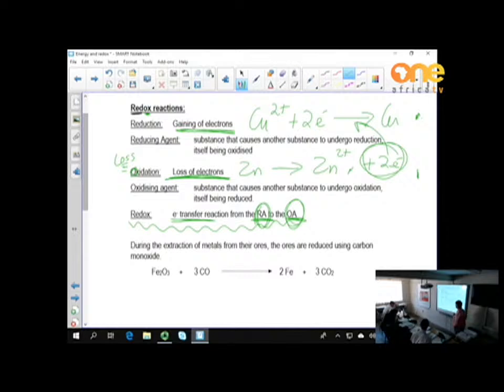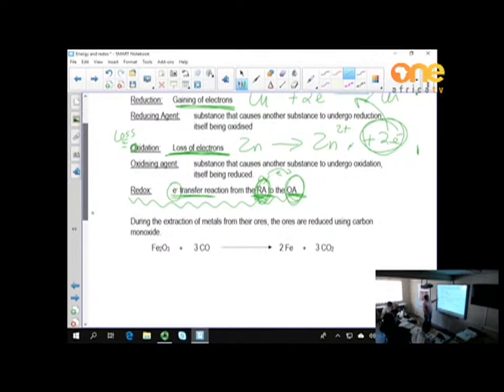All right. So, during a redox reaction, there is a transfer of electrons from the reducing agent. Now remember, the reducing agent undergoes oxidation, loss of electrons, to the oxidizing agent, which will gain electrons. All right.